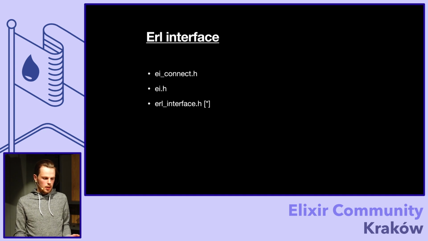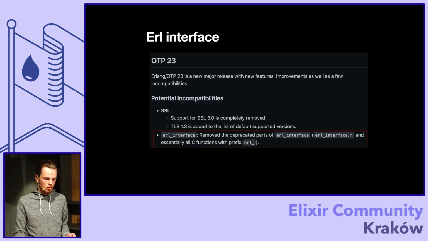To create a C node, we need to use the Erlang interface library, which is basically split into two files, ei_connect and ei, and there used to be also erl_interface, while ei stands for Erlang interface. It was quite confusing, but fortunately erl_interface is no more. It was removed in OTP 23, but still some resources point to it, so be careful and make sure to use up-to-date resources, because that can be quite misleading.